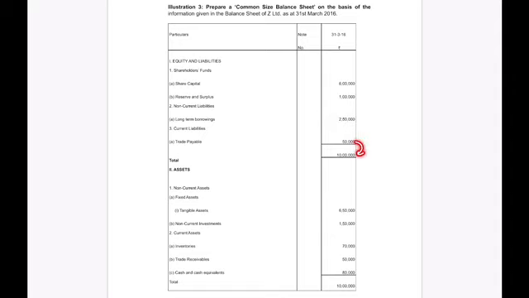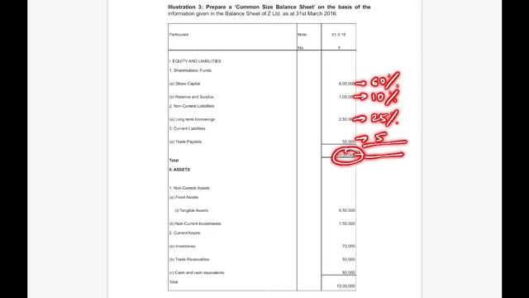And 50,000 is what percent of 10 lakh? 5%. So this will be 60%, 10%, 25%, 5%. And 10 lakh is what percent of 10 lakh? Because the common base is the total of the balance sheet. 100%. Or otherwise, just add these: 60 plus 10, 70 plus 25, 95 plus 5, 100.